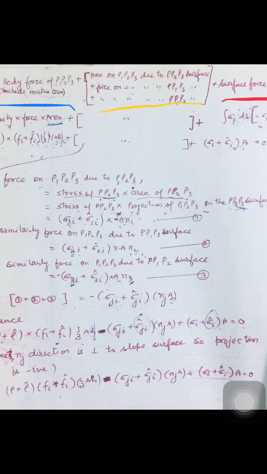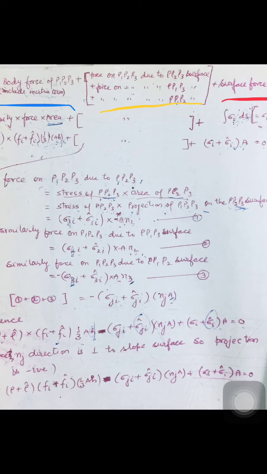We consider the first force on P1, P2, P3 due to P, P2, P3, which is nothing but the stress of P1, P2, P3 into the area of P1, P2, P3. In place of area we can write the projection of P1, P2, P3 on the P, P2, P3 surface.